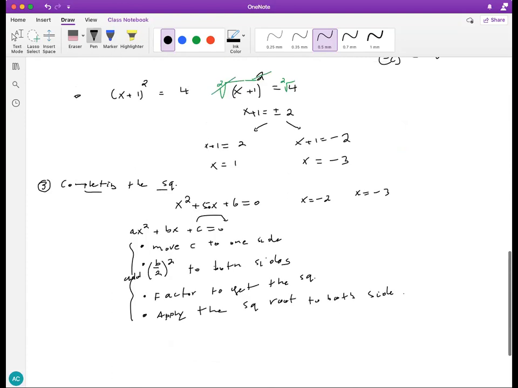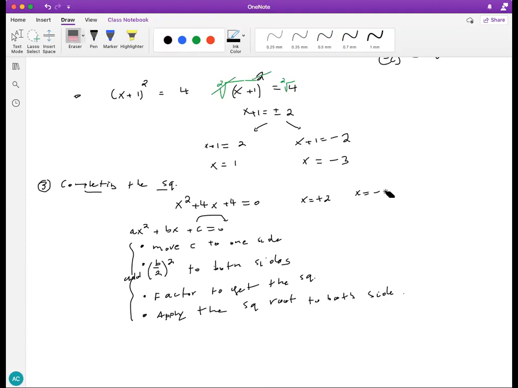Okay, let me use actually a different example here. To make things convenient for the fractions, let's use this instead. Actually, let's use 4 and 4. We already know the answer to this easily with factoring. It will be x plus 2 and x plus 2.